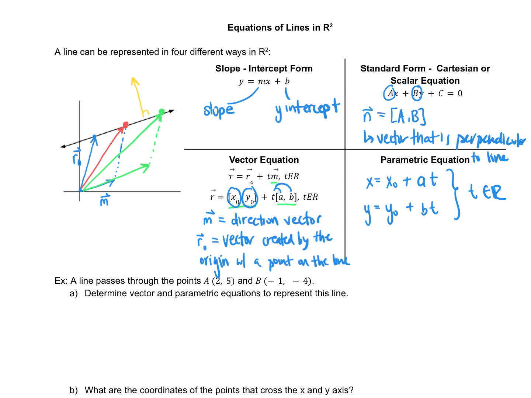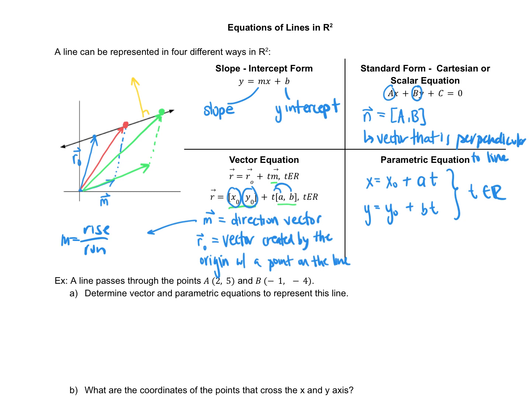Okay. Now, the normal and the direction vector do have a nice little connection here. If you know your direction, your normal will have that same idea as an opposite reciprocal in slope, which means you're going to flip your x and y components and change one of the signs. Because at the end of the day, if you look at this direction vector and think of slope, rise over run.